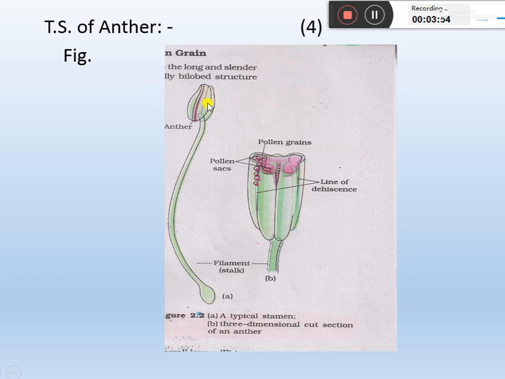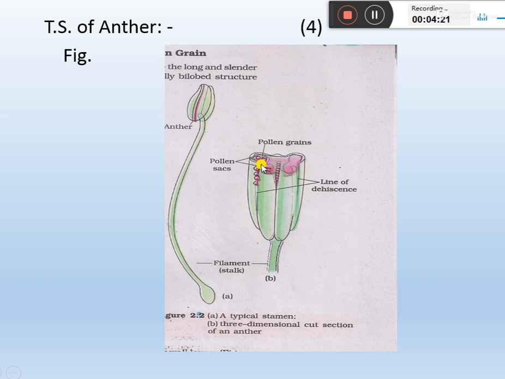This anther contains two lobes. This is one lobe, this is the second lobe, so it is a bilobed anther. Here this one lobe contains two microsporangia, and the other lobe contains two other microsporangia. These two lobes are connected by this connective tissue.